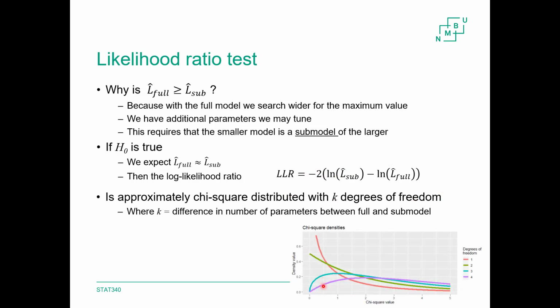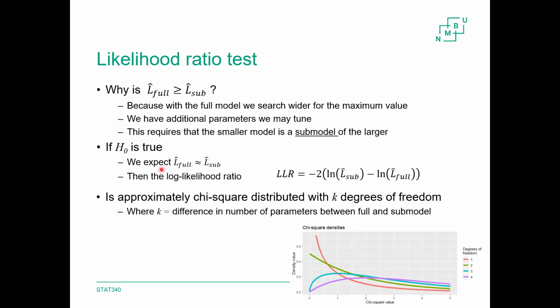Here I plotted some of these chi-square densities for increasing number of degrees of freedom. So you can see for 1 degree of freedom, it looks like this. And it has an expected value here, right? So this likelihood ratio should be around 1. If it's much bigger than 1, it indicates that the null hypothesis is no longer true.